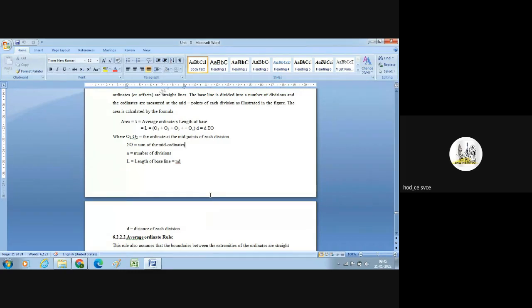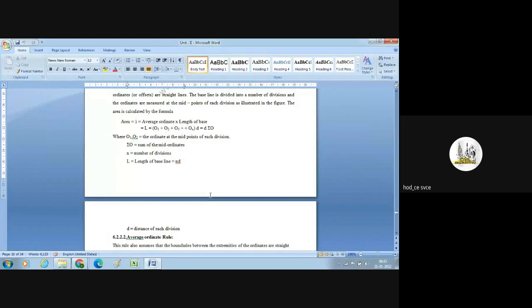As you know, L is the length. Here L by n we take as D, the division distance. Total length is L, and we have divided it into n divisions. So L divided by n gives each division's distance.